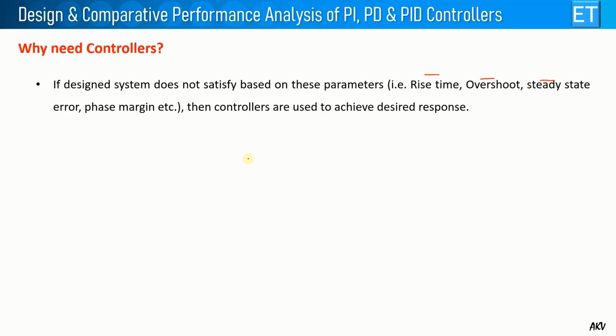Now if you want to change the system response according to your requirement, then what can we do? You cannot change the system transfer function G again and again. So for that, the controllers are used to change the system response as per our requirement. So you can see that controllers are actually the system's response modifiers.